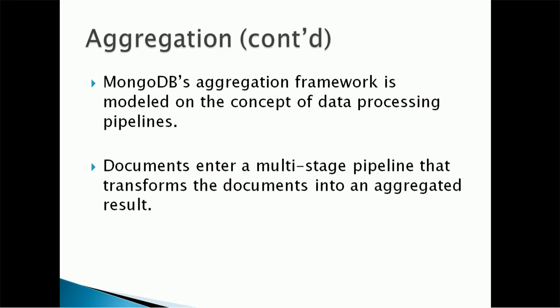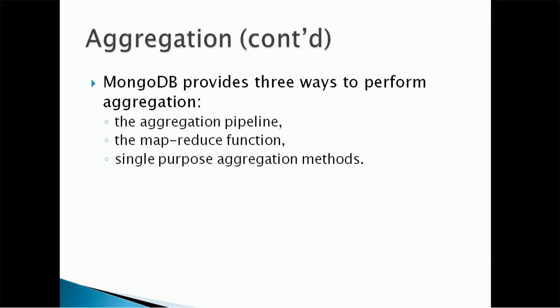MongoDB's aggregation framework is modeled on the concept of data processing pipelines. Documents enter a multi-stage pipeline that transforms the documents into aggregated results. There are three ways that you can perform aggregation: aggregation pipeline, MapReduce function, and single purpose aggregation method.